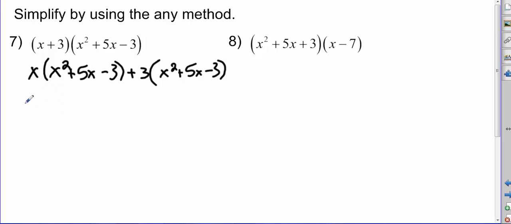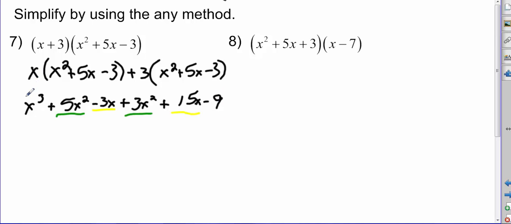X times x squared gives us x to the third plus 5x squared minus 3x. Second part of the problem is 3 times x squared, 3 times the 5x, and we should get a negative 9 there. Okay, so I did go away there for a little bit because I wanted to clean up my 15 and my 9.